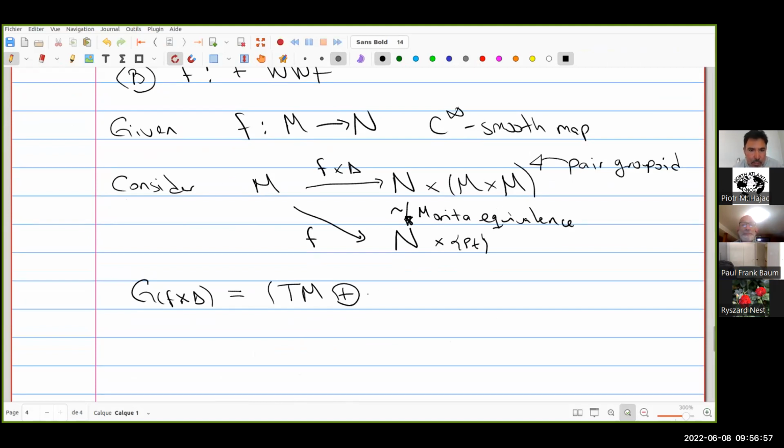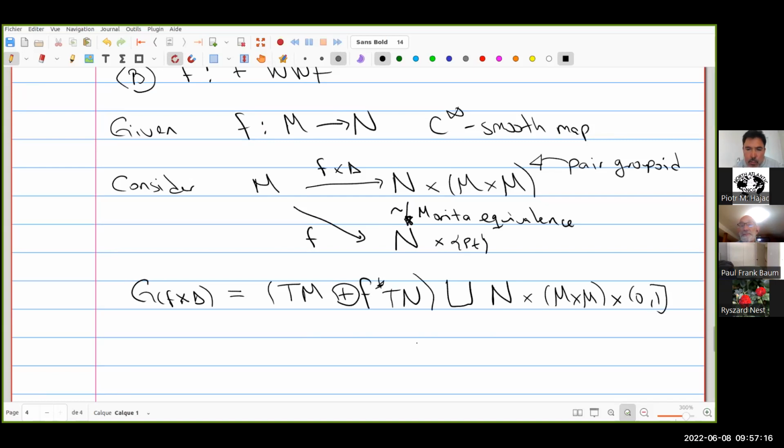So the normal bundle in this case identifies with this. Then of course we will see how to pass from M to this bundle. You need some condition, of course. Here I'm just applying the construction I gave before.